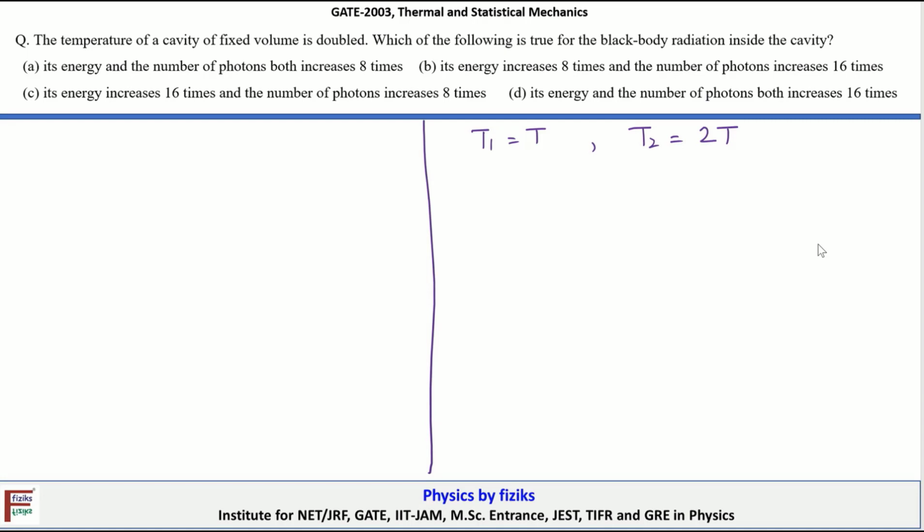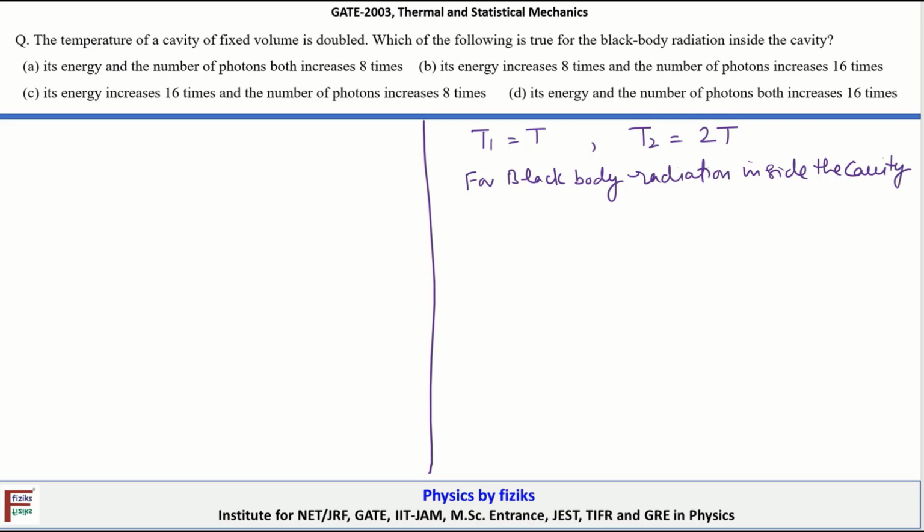So when we are doubling the temperature, let's see, for black body radiation inside the cavity, the following results are valid.